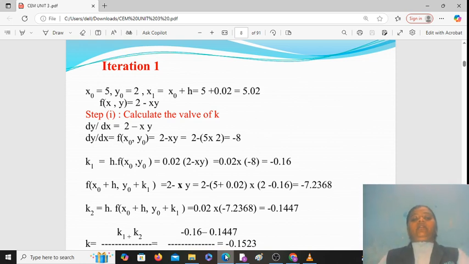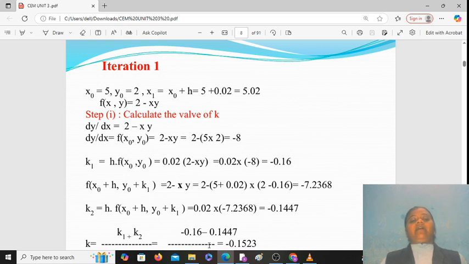Step 1: calculate the value of k. dy/dx is f(x0, y0), which is 2 minus 5 into 2, which is equal to minus 8.